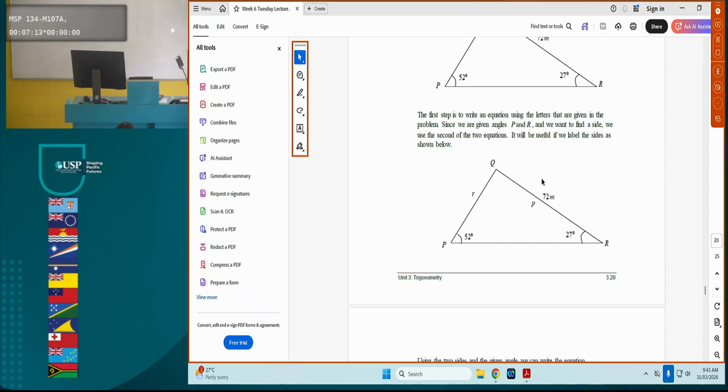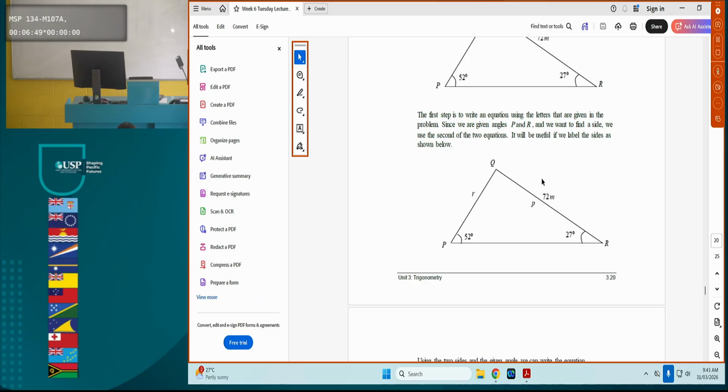What is side P? Okay, this is P: 72, angle P is 52. Side Q, do we know it? No. Angle Q, do we know it?